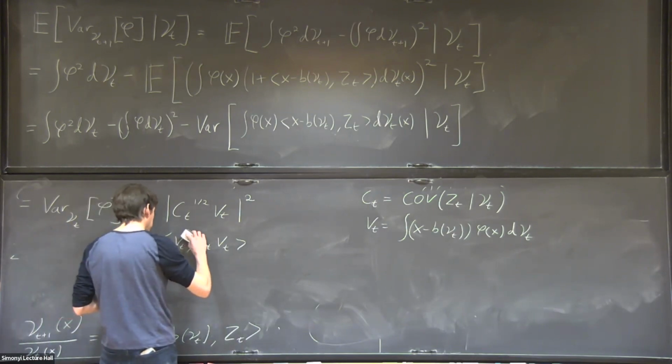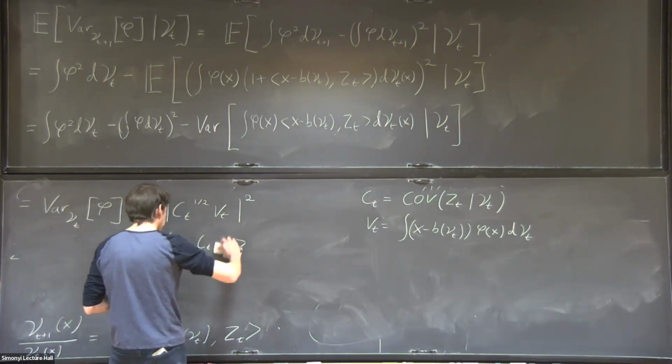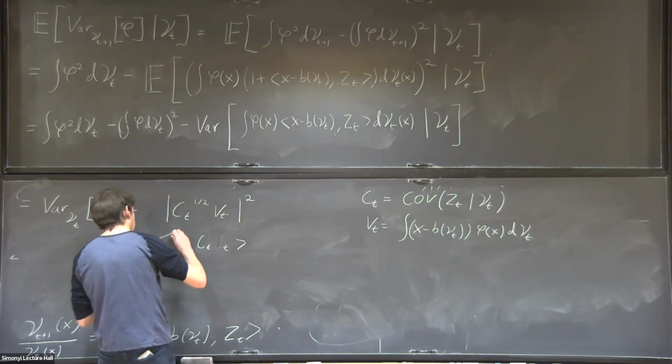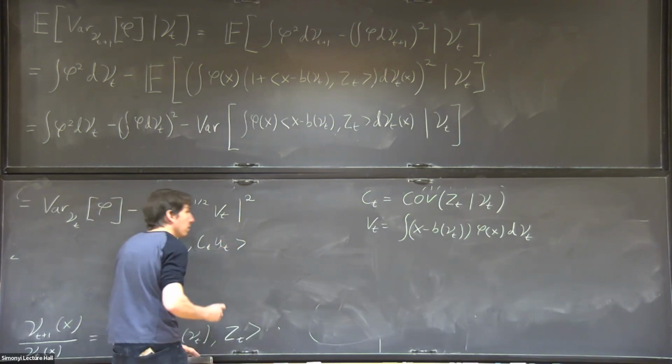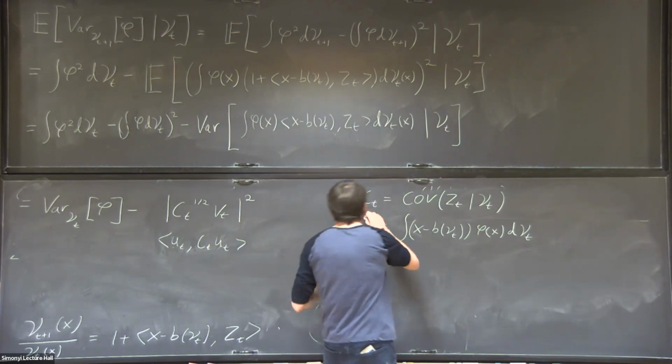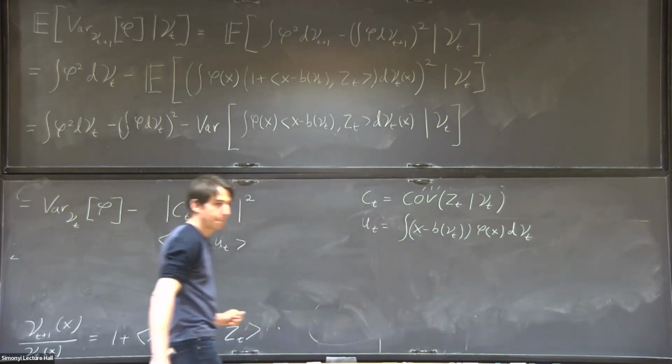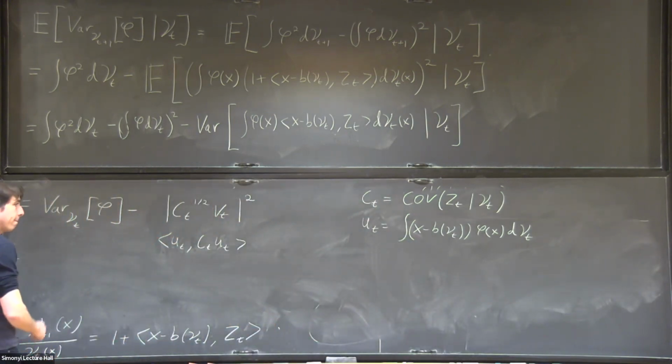Let's call it u. Okay. Yeah, I agree. We don't really know ut, so you'll have to take the worst case, and then it's obviously related to the norm. Yeah.